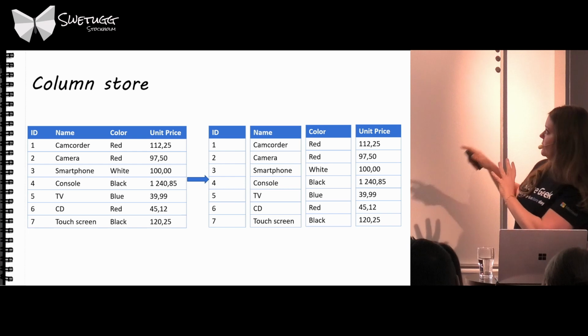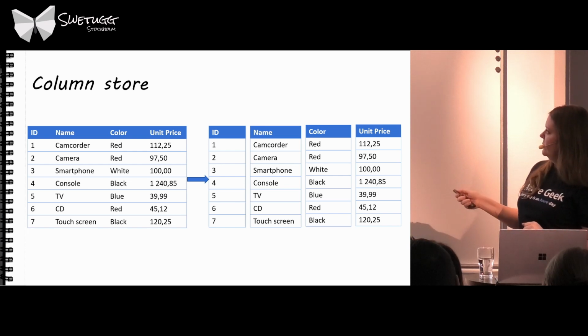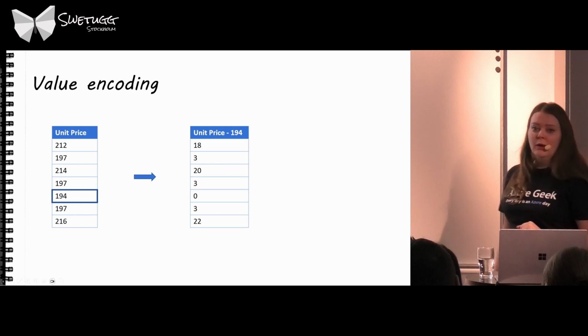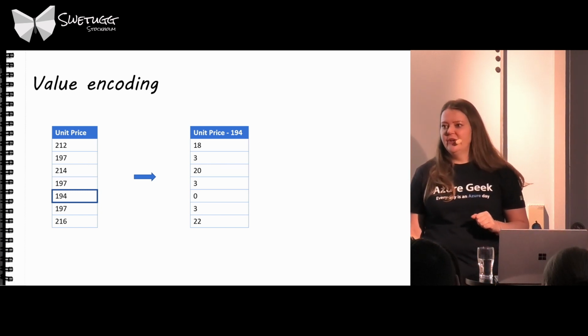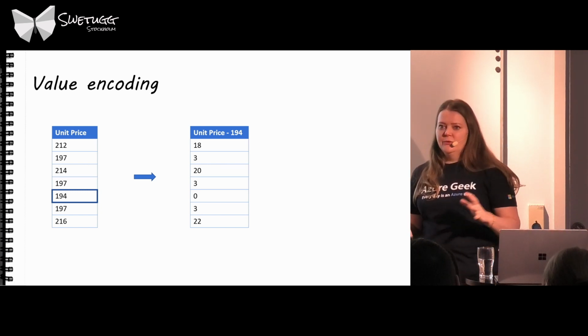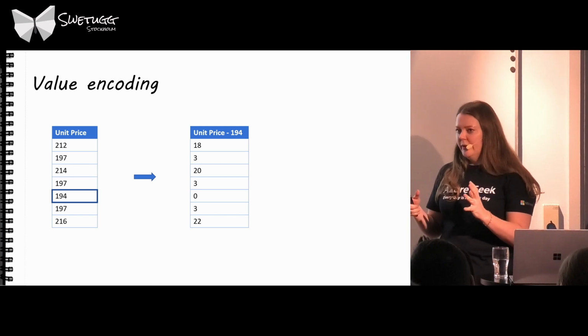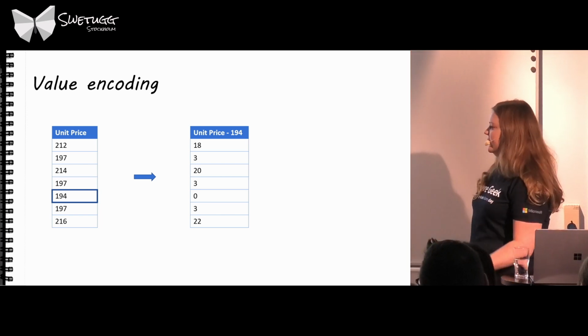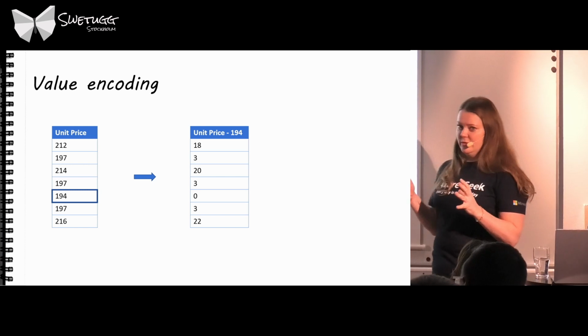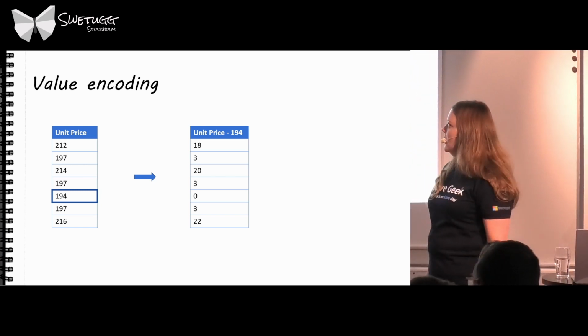And if you need to summarize, for example, unit price, the Power BI engine goes to this column, to this memory location, and quickly summarizes everything. More than that, Power BI uses different techniques to compress your data. So the data stored in memory is usually about 10 times compressed to take less space.